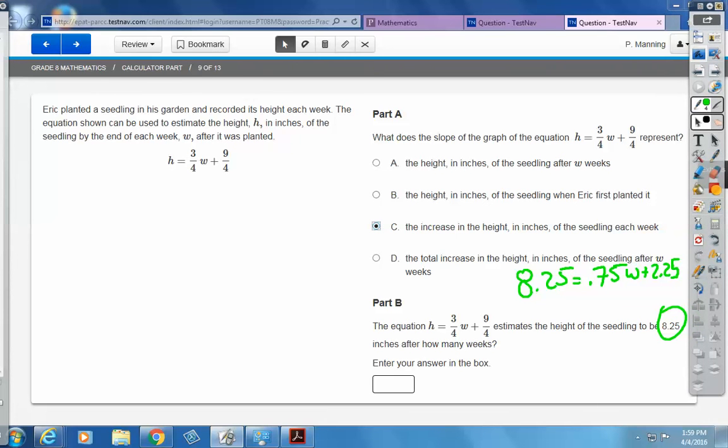All right, and so I'm allowed to use my calculator, so I'll pull it up.